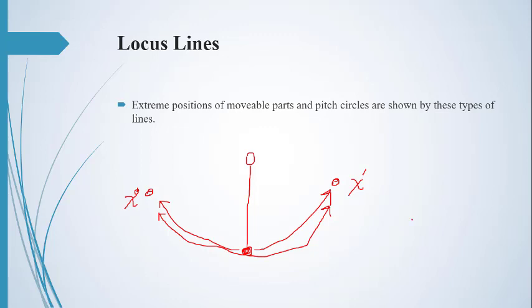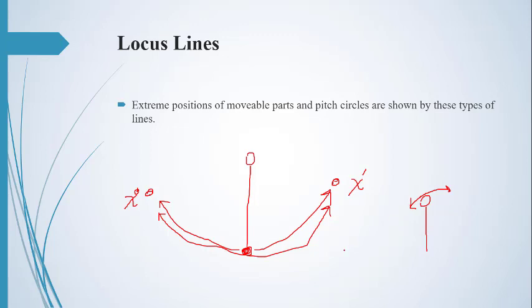Or on the other hand, if we have a fulcrum or a lever, like the lever of a car, we can see that it can move in this direction, for example in x and y direction. So this line can also be shown by the locus line.